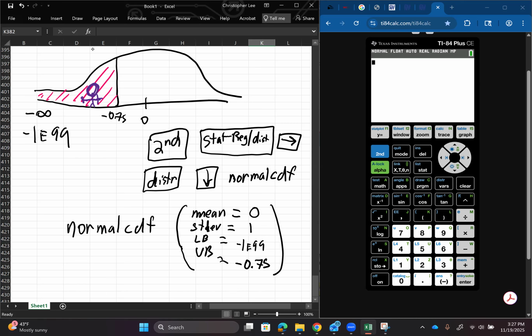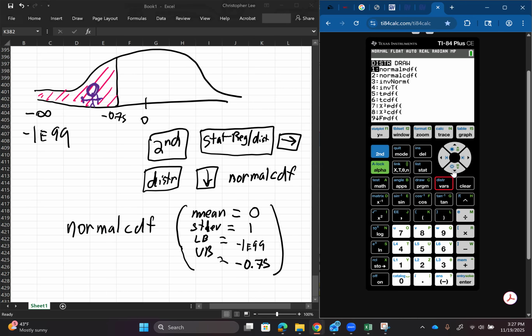Let me show you how I'm gonna do this. By the way, there's a button on your calculator called EE, in blue. I have it above the number 7 on mine; you have it on the 36X Pro, I don't remember where. Sigma is the standard deviation. On my calculator, I go to distribution, down to normal CDF.